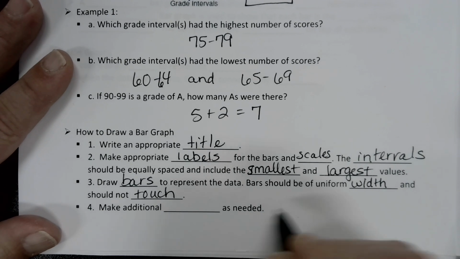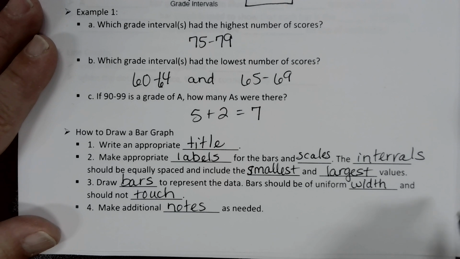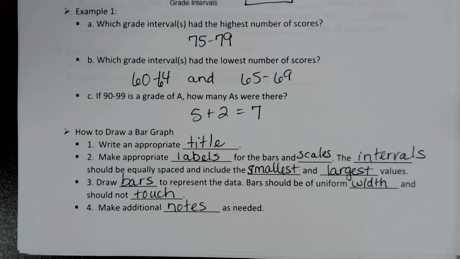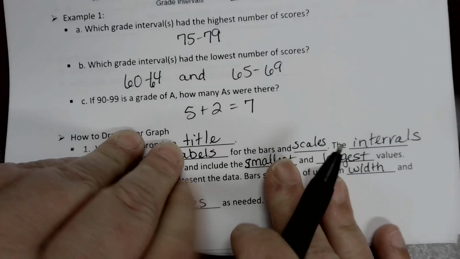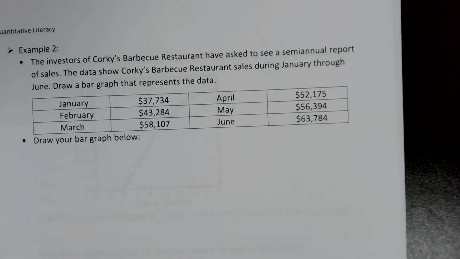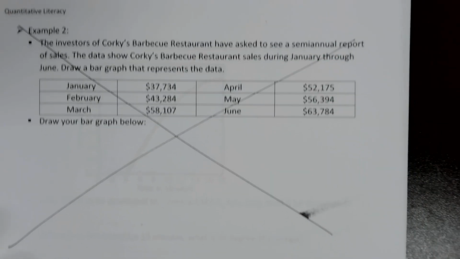Make additional notes as needed as you're going along, anything that you think might be confusing when you're drawing a bar graph. So we are going to totally skip this because you're not going to be required to do it, just to read them.